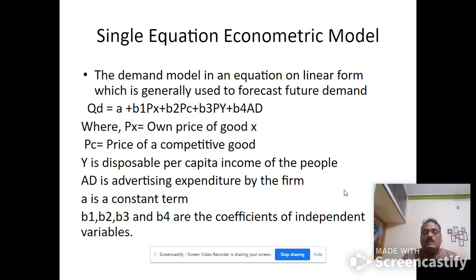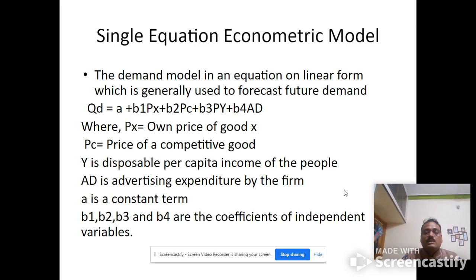We will be taking Qd to represent the quantity demanded or demand of a particular commodity, and we can relate this demand with several other independent variables. So the model can be built like this through a simple linear equation.